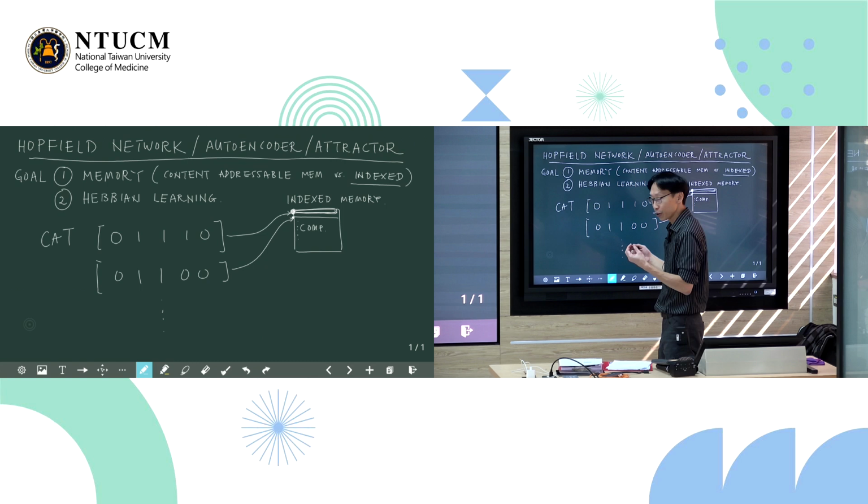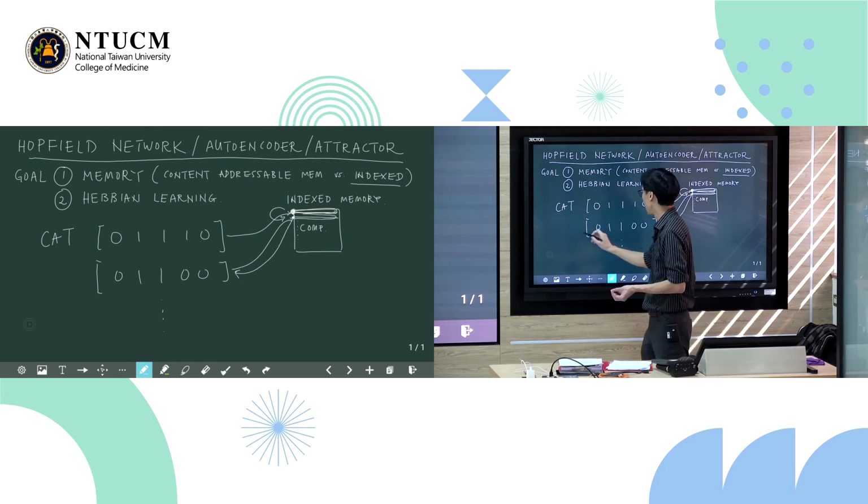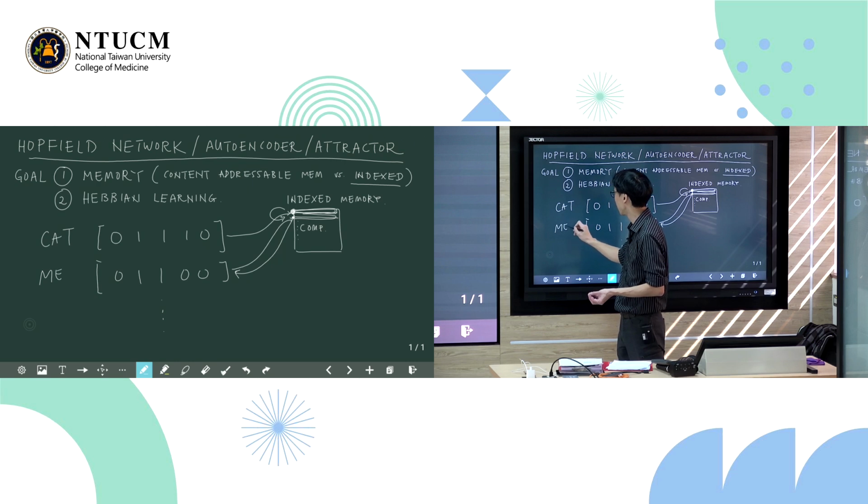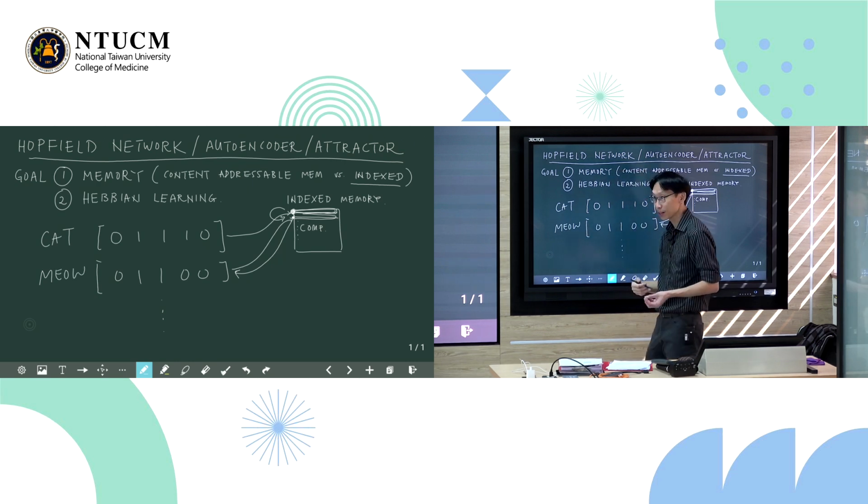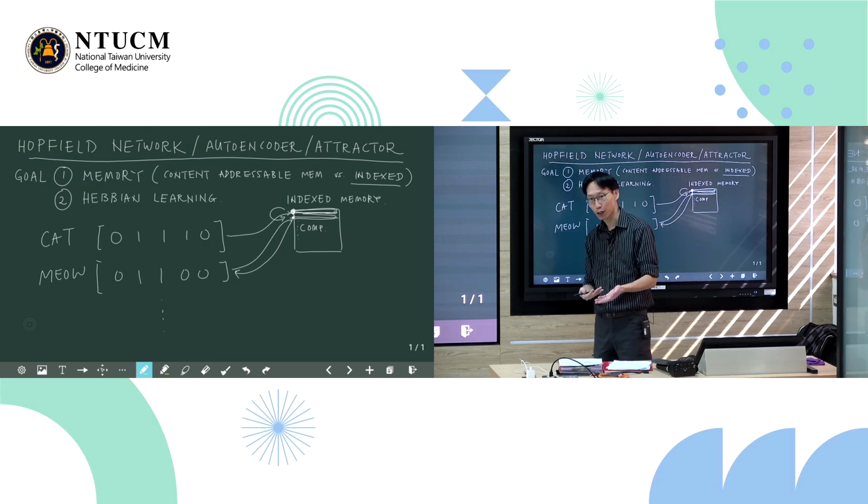Then the algorithm says, after doing this, go search for the next index. And then it will search this one, and then it will spit out meow, for example. Right? That's what an LLM does. I give you a cue, a token. Just use this token, go search my space.